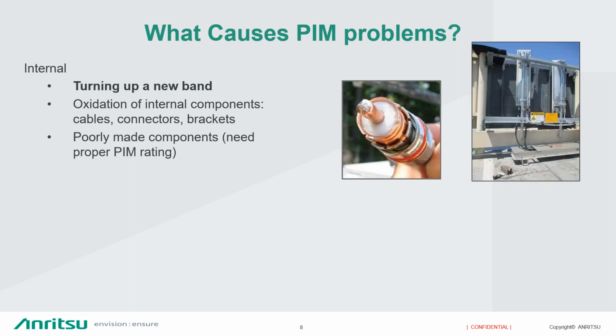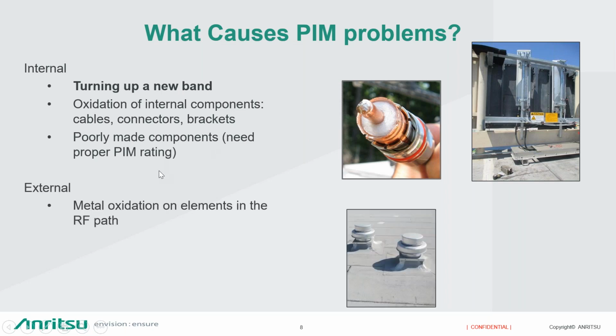There's oxidation of internal components, cables, connectors, brackets. There are poorly made components, though I think most of the major operators have weeded those out. There are PIM ratings now that prevent components with poor PIM ratings from entering their network. So I think most operators are pretty good with this now.